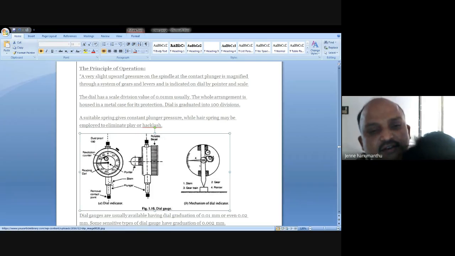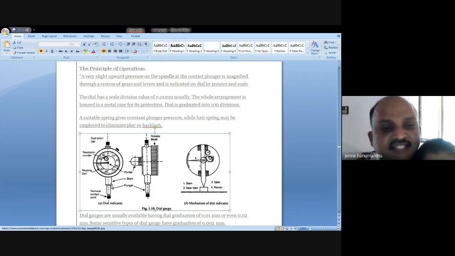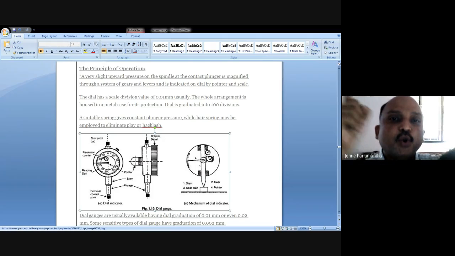Here this is a stem, and here a plunger. At the end we have a removable contact point. Remove it and connect to the surface where you need to compare the surface.